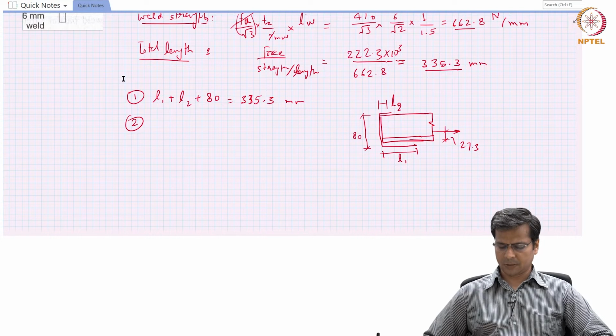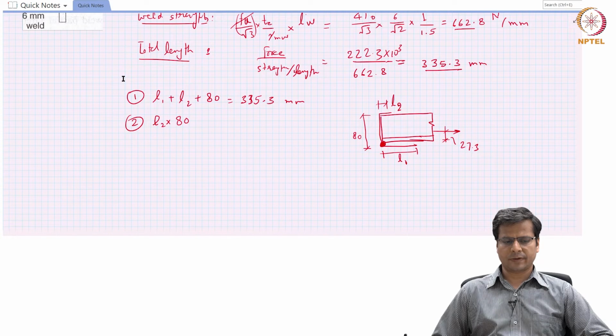So these are the locations where the loads are acting, 27.3, L1, L2 and 80 millimeters. And what we would do is, if we take the moment about this point, the point that is shown here, for all the forces, the contribution from the length L1 will be 0 and we will take contributions only from the other two welds. So L2, which is at a distance of 80 millimeters from this axis, plus 80 millimeter length, which is at a distance of 40 millimeters, half of the total length.